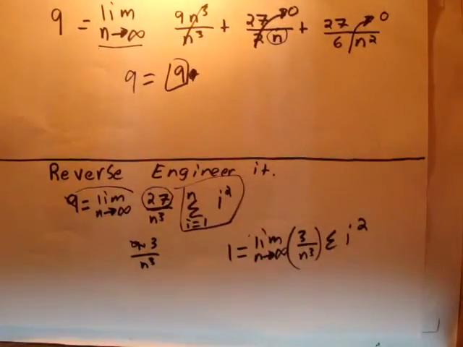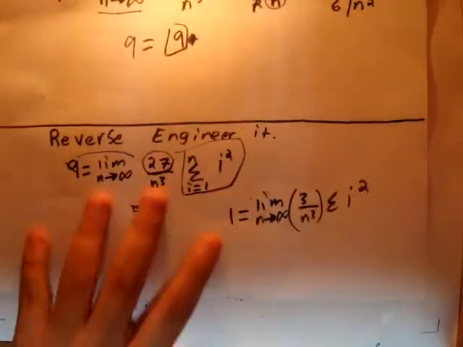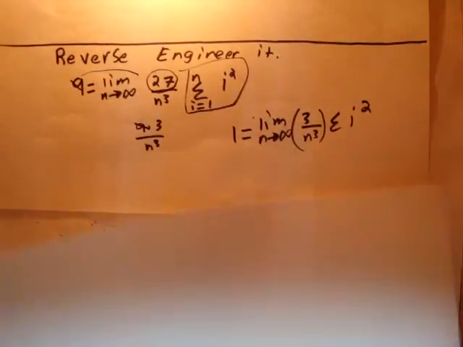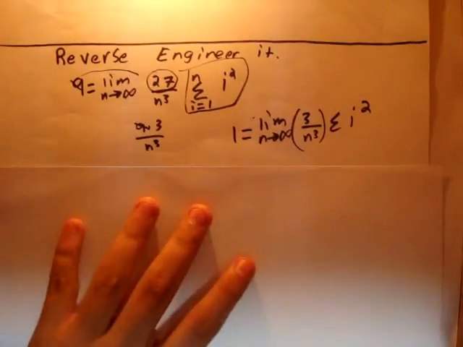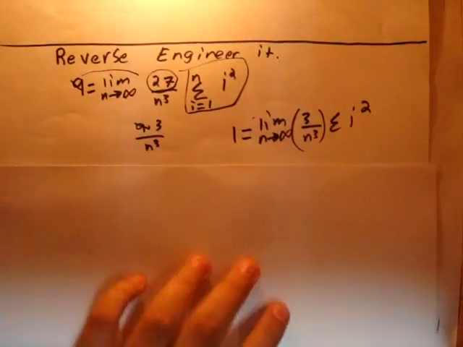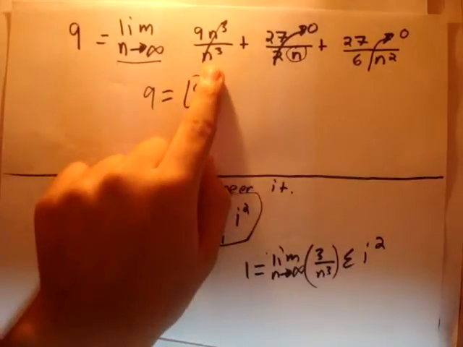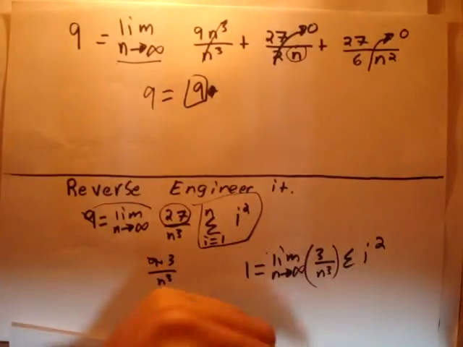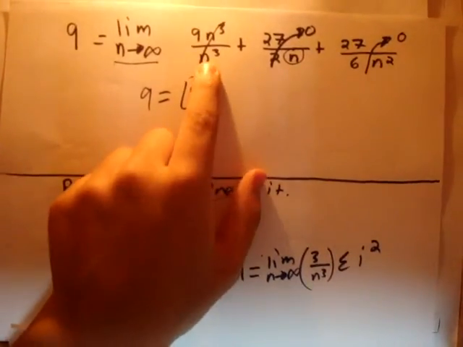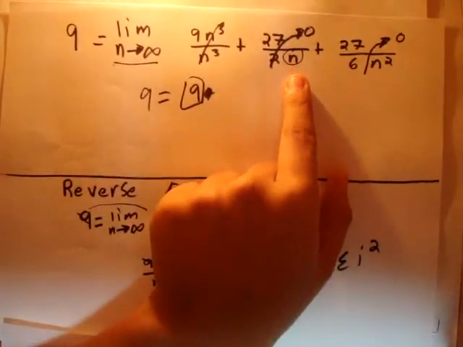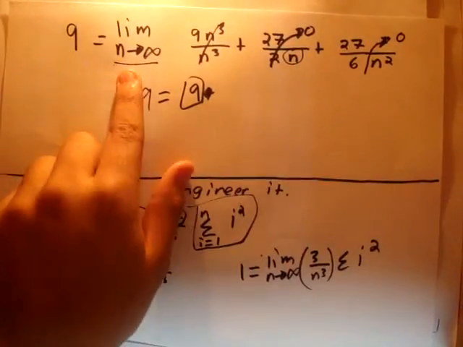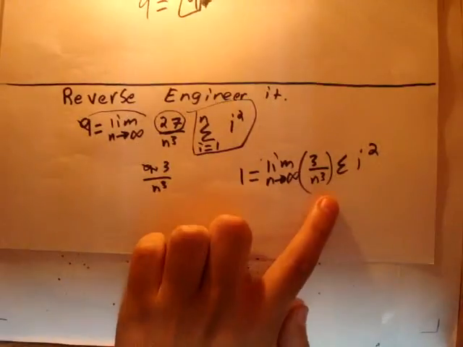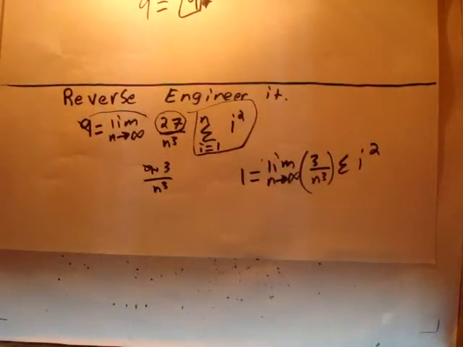Now, what we're going to do here is the following. We don't know what sigma i squared is, but what we do know is that this first term, remember how we said that when you do these type of problems, the first term is the only one that matters, because the other ones are going to have an n in the denominator, which means they'll cancel out as the limit is approached. Well, in here, we're going to try to reverse engineer, although we do know what it is, the first term.